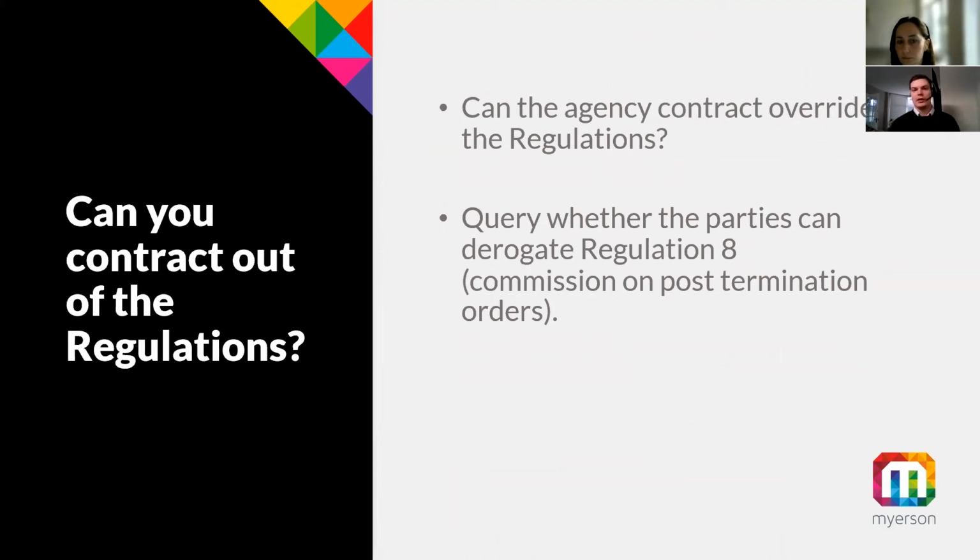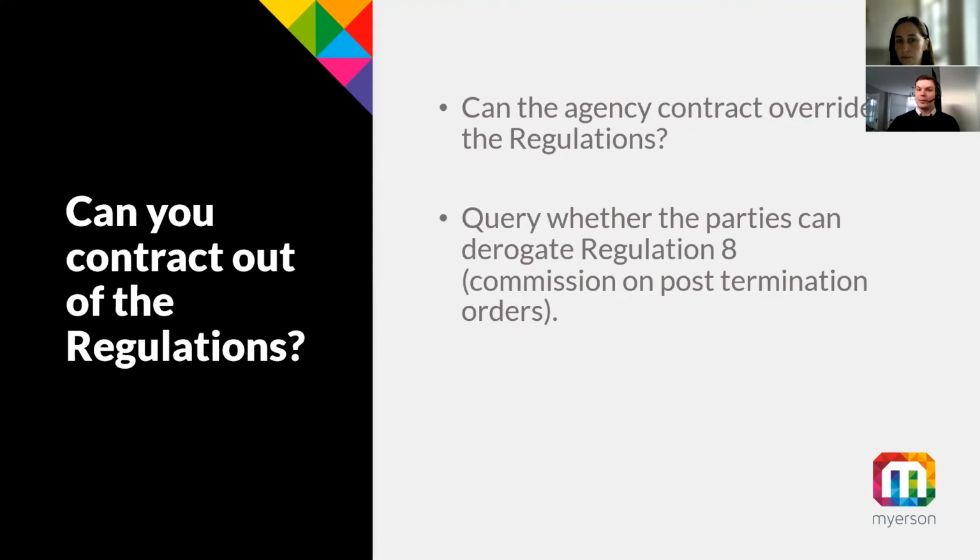However, one thing to keep in mind is that some of the regulations are mandatory, which means that the principal can't try to override these or exclude their application, even with the agent's agreement in some circumstances. There's express wording in certain regulations that say they can't be contracted out of.